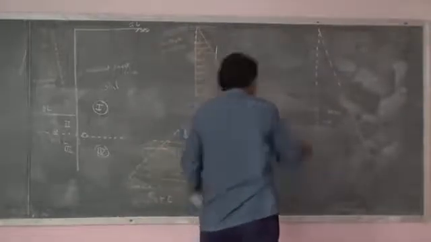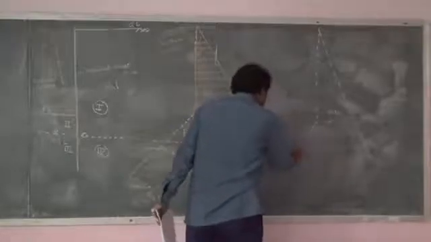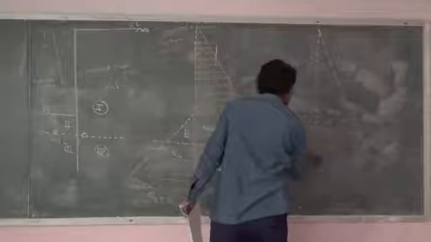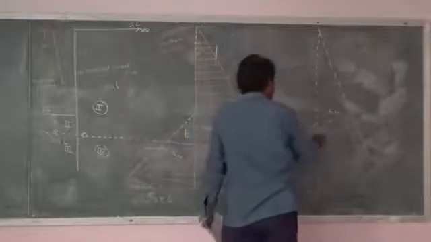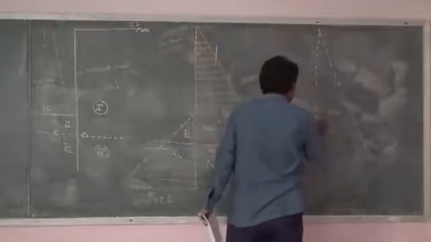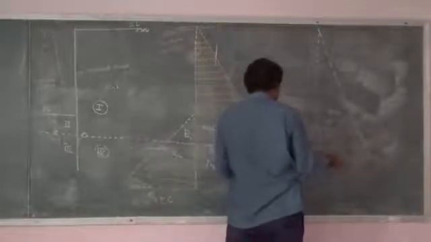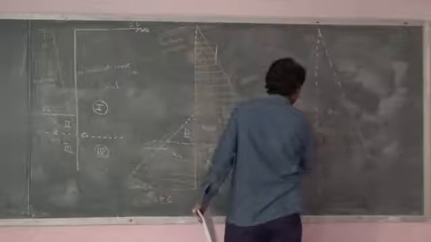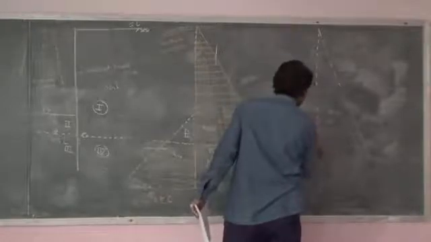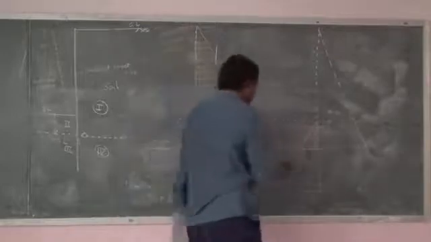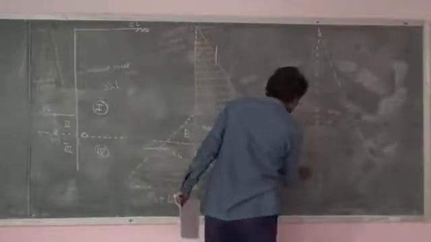But when you take this diagram, this portion is very important for us. This portion, for the second portion, this much is going to be passive pressure. This is going to be passive pressure, second portion. And this third portion is again going to be active here.